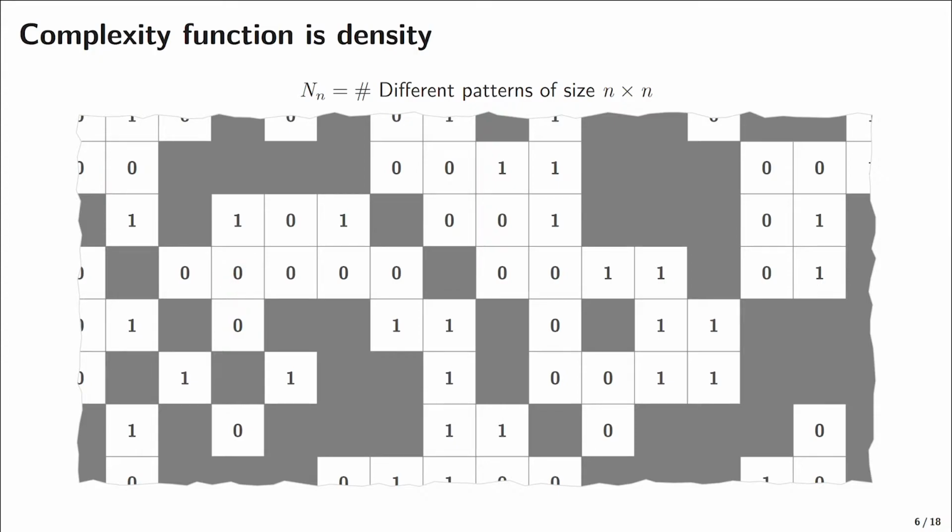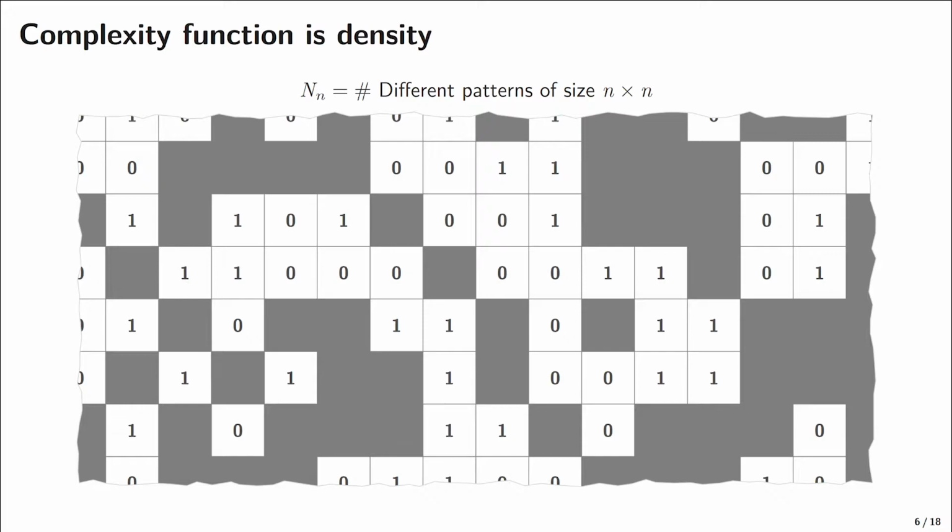Now, what is the value of the complexity function? You have to think of it as, if you consider this square, it can be 0, or it can be 1 here. And this is also true for the square next to it. So, if you take 2 white squares, you get 2 times 2 equals 4 possible patterns.